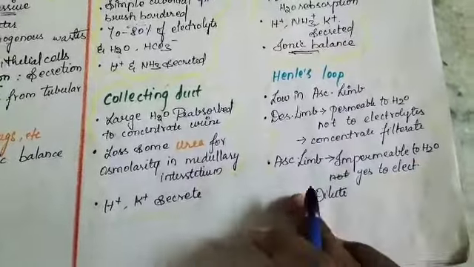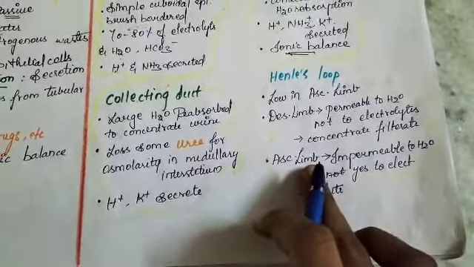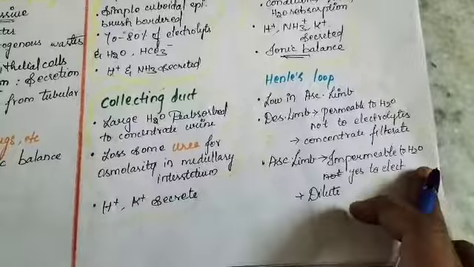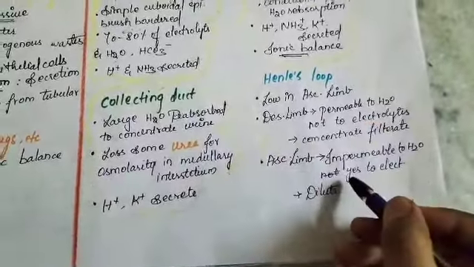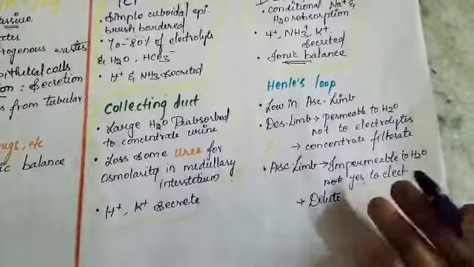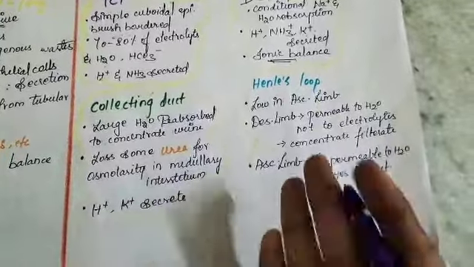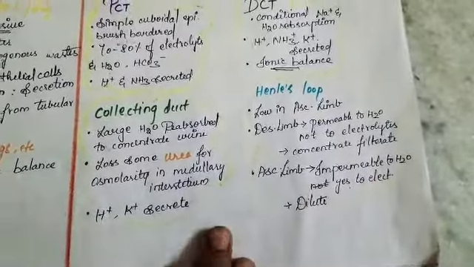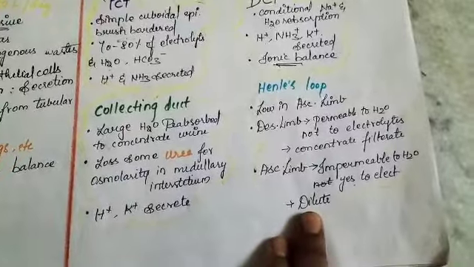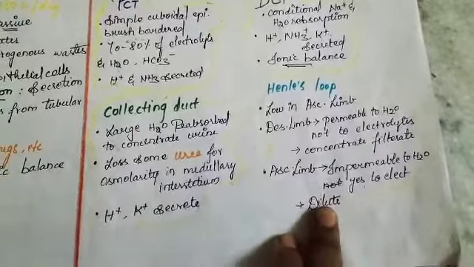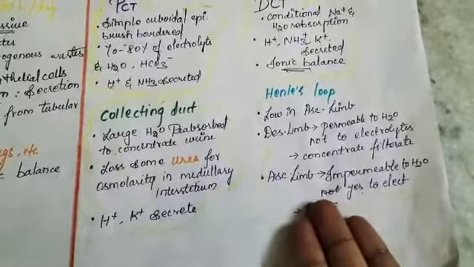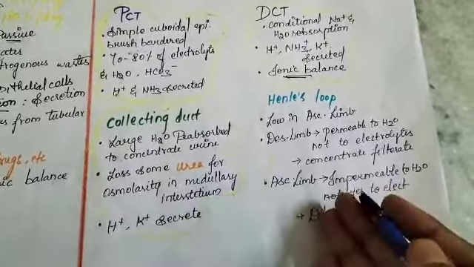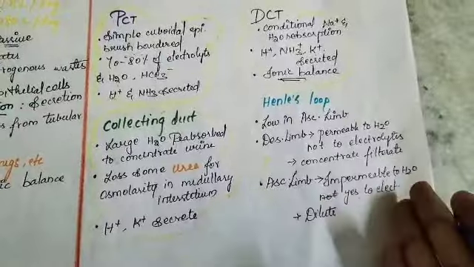As the filtrate flows through the ascending limb, it is impermeable to water, so it retains water, but it is permeable to electrolytes, so it loses the electrolytes. This makes the urine dilute; it does not concentrate the urine.